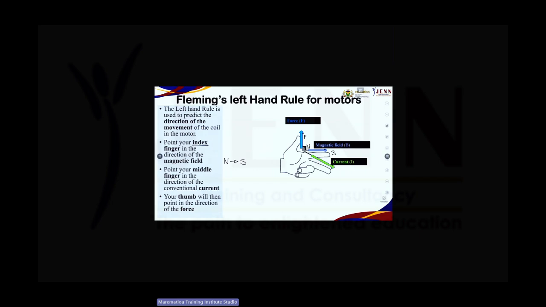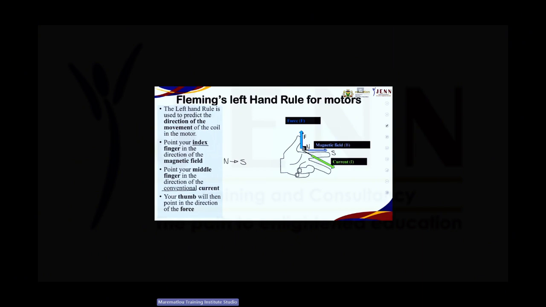Then, if I look at my middle finger, you point your middle finger in the direction of the conventional current. Now remember, conventional current is always from positive to negative. That is what we work with when we work with electricity.